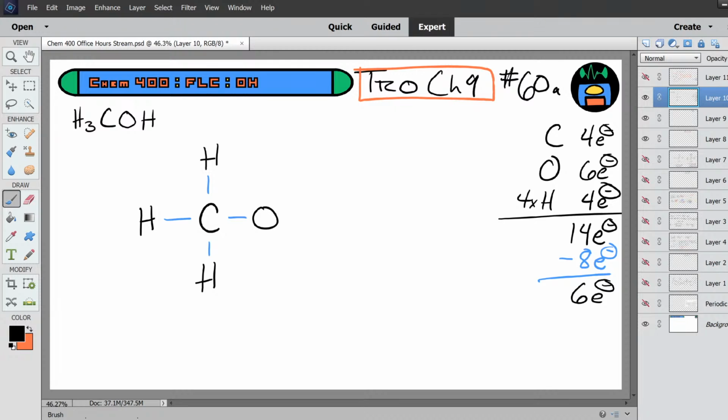But where does our other hydrogen go, right? Yep, Lauren, you got it. You can't break the octet rule. That fourth hydrogen still needs to be included in this molecule. We can't put it on our central atom. We also can't put hydrogen on another hydrogen because hydrogen only ever makes one bond. So we have to take that fourth hydrogen and attach it to our oxygen. We'll spend another 2 electrons to get that done.